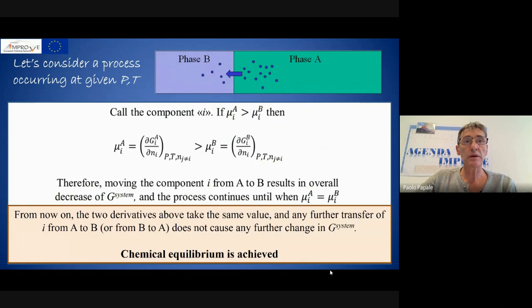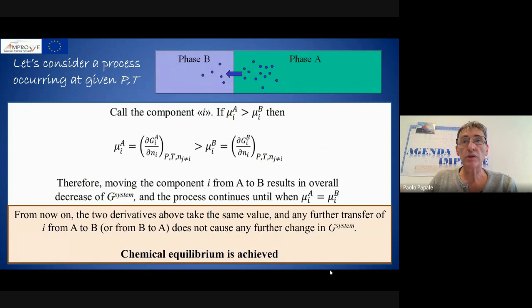Now everything is clear. Equality of the chemical potential of all components in all phases implies no further chance for a system to further minimize its energy, and that corresponds to thermodynamic equilibrium. We have now achieved our initial objective.